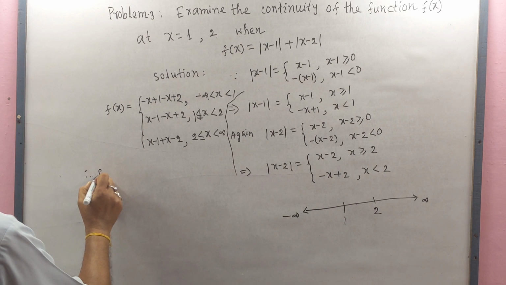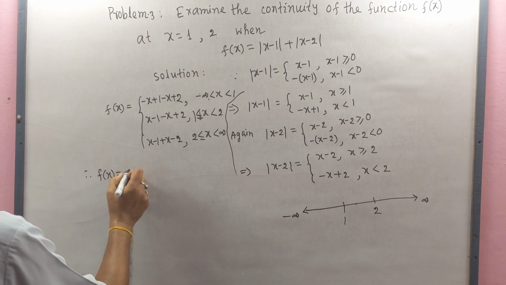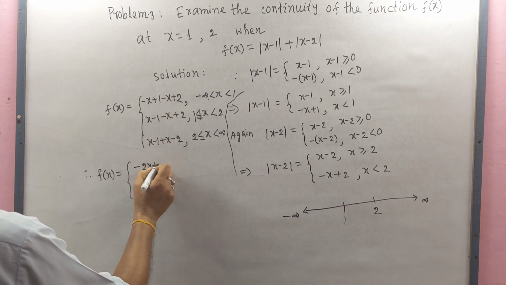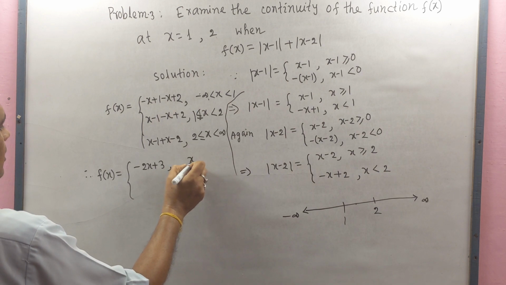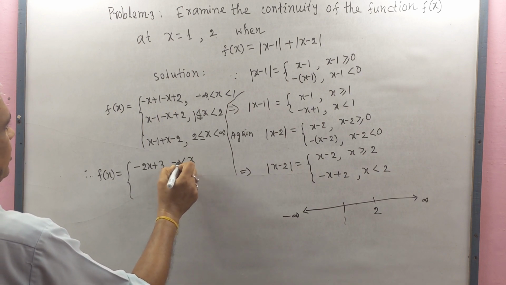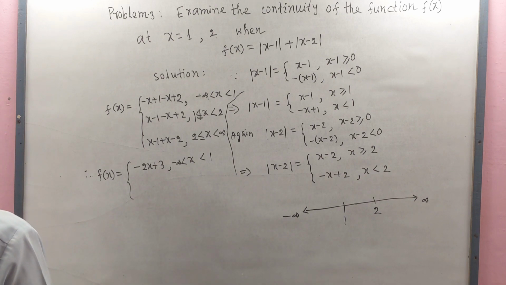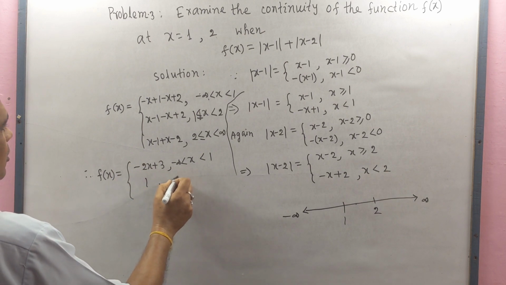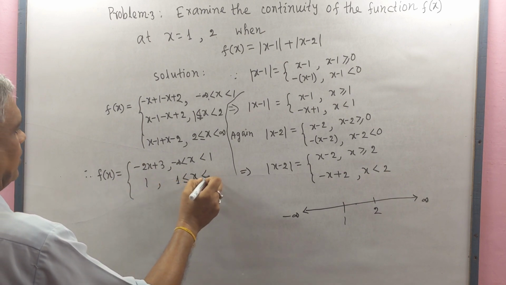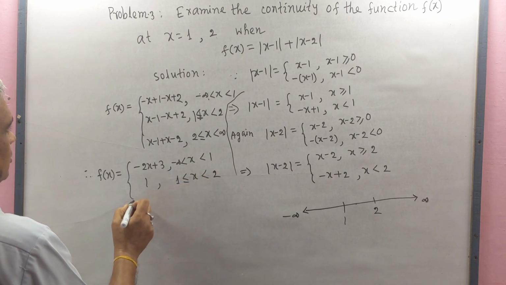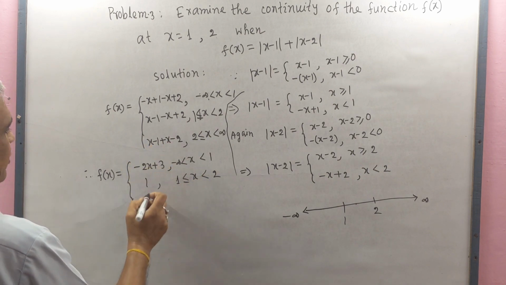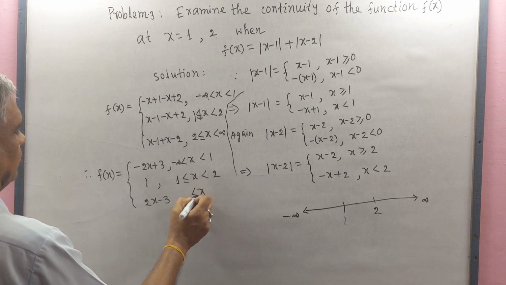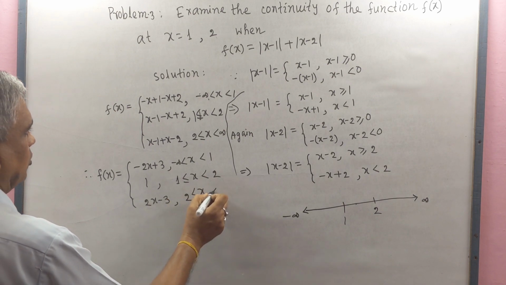Therefore f(x) equal to minus 2x plus 3, x lies between minus infinity and 1. The x cancel, 2 minus 1 is 1, for x between 1 and 2, and this is 2x minus 3 for x between 2 and infinity.